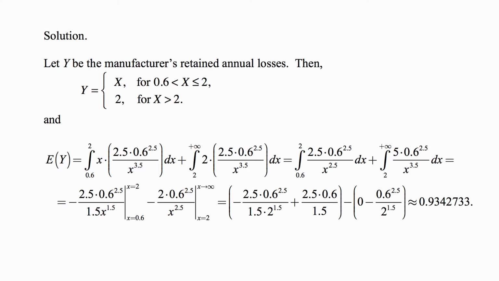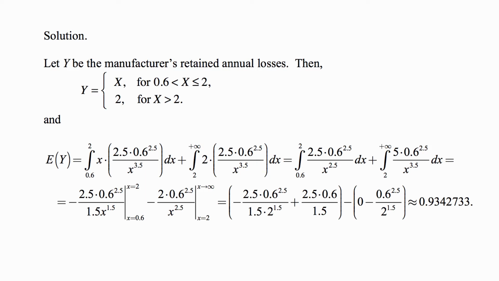The reason it's X more than 0.6 is that for values less than 0.6, the probability is 0. That's how the density is constructed. And then, less than or equal to 2 refers to the deductible of 2. Until the loss reaches the deductible, everything is paid by the manufacturer. Beyond that, the manufacturer pays 2, and the insurance company pays X minus 2.